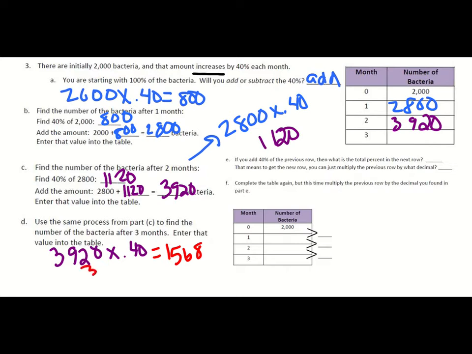So then 3,920 plus 1,568 gives me 5,488. So that's the long way to do that. You basically multiply by 0.40 and then add that additional part onto it.